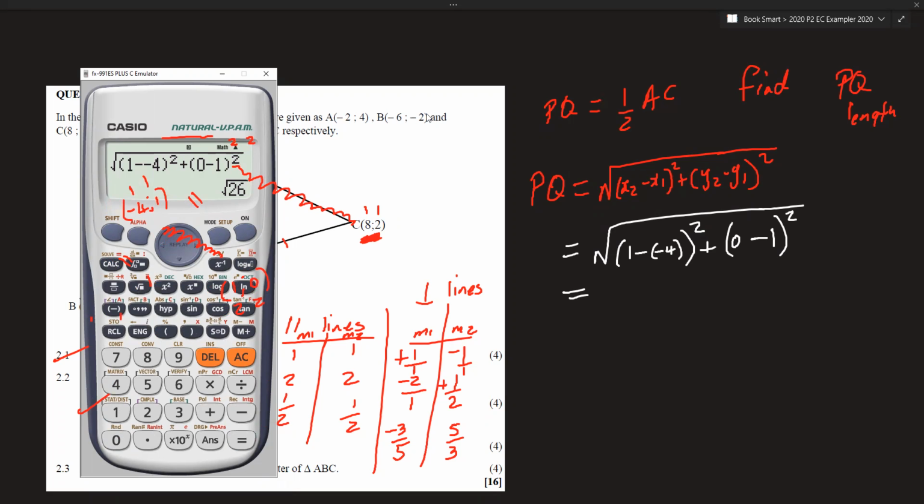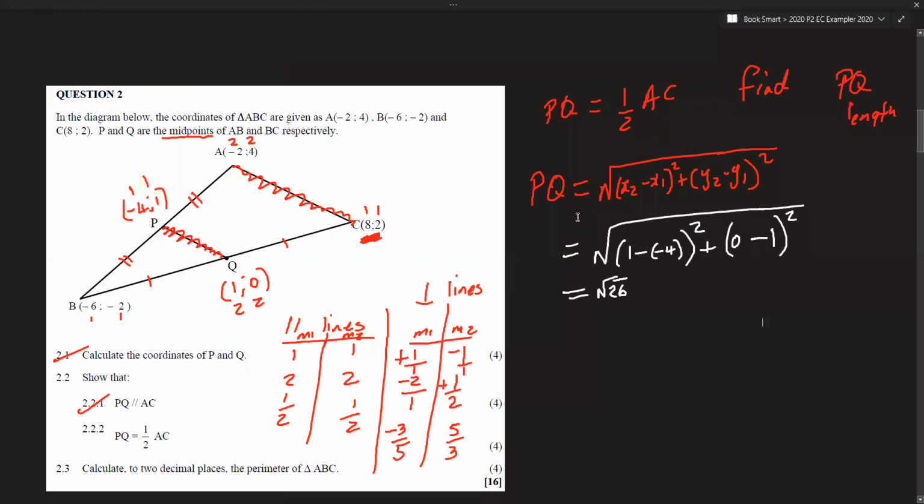Which gives me square root of 26. Okay, square root of 26. That's my answer. Awesome. And then now I need to do what? I need to do the distance of, I need to do this part now.